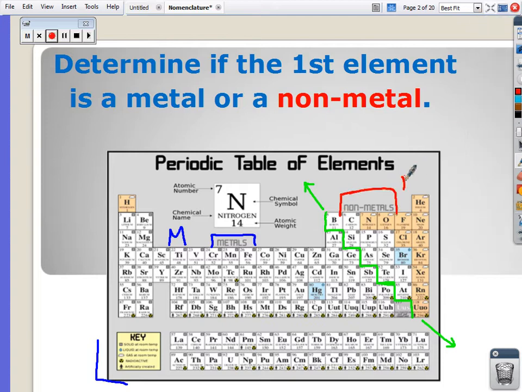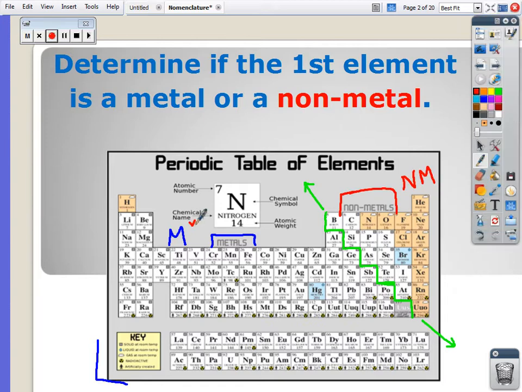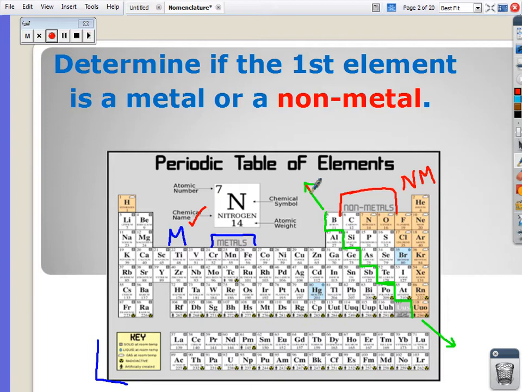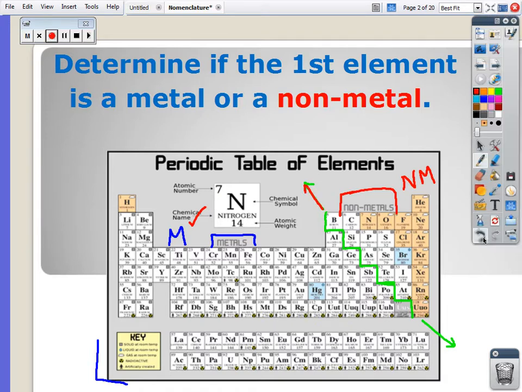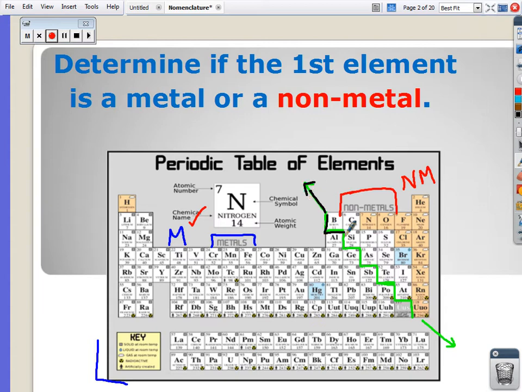What separates them is a staircase, a dividing line called the metalloids or the semimetals. It simply separates the metals from the nonmetals. It's like a giant fence.